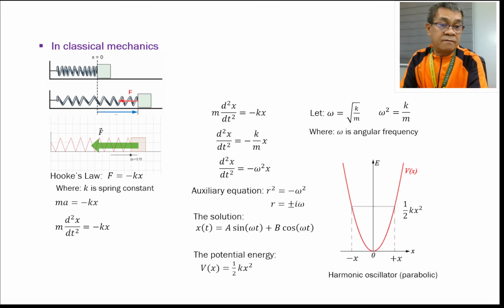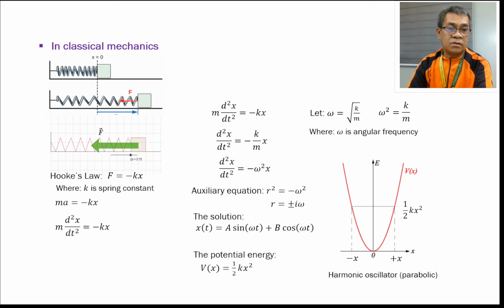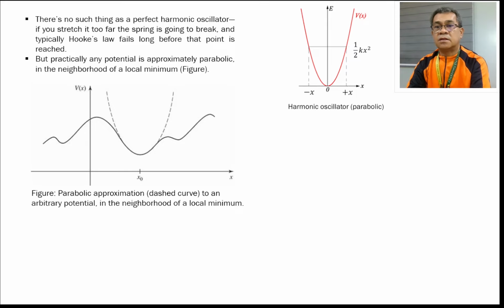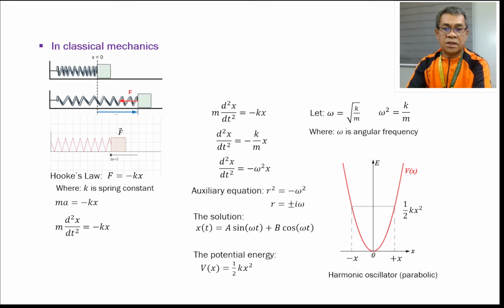So we can always find the potential energy of the spring from this quadratic, parabolic curve. Now take note that in a real problem, there's no such thing as a perfectly parabolic oscillation, because oscillation is not always harmonic. So what will happen if it's a non-harmonic oscillating system?